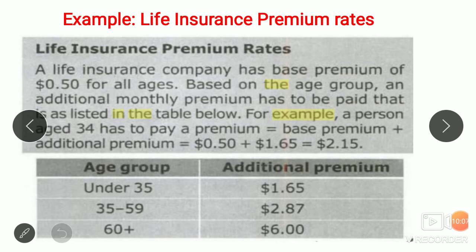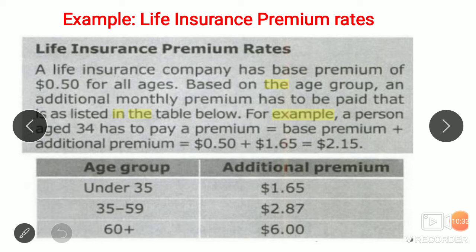Based on the age group, premium has to be paid as listed in the table. For example, a person aged 34 has to pay the base premium plus an additional premium. Here the base premium is $0.50 and the additional premium is based on the table. Here it is $1.65. Total is $2.15.